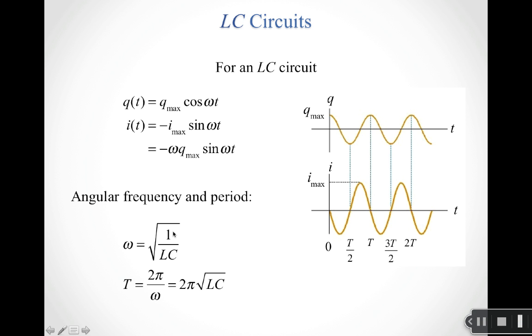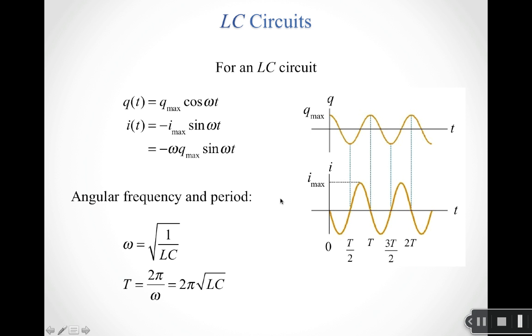I multiply the inductance times the capacitance, take 1 over that value, and take the square root, which gives me the angular frequency in radians per second, the rate at which my sine and cosine curves are oscillating. And the period is still 2 pi over the angular frequency, so in this case that's 2 pi times the square root of the product LC.